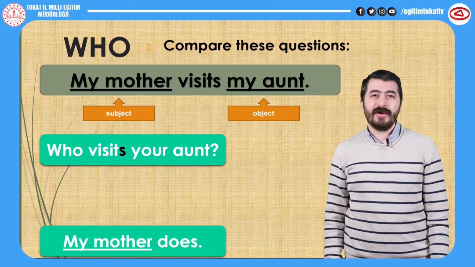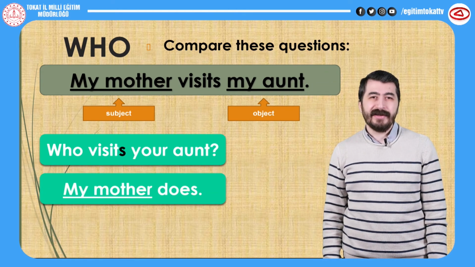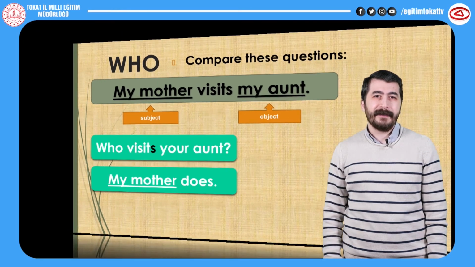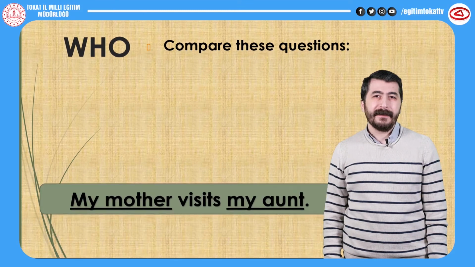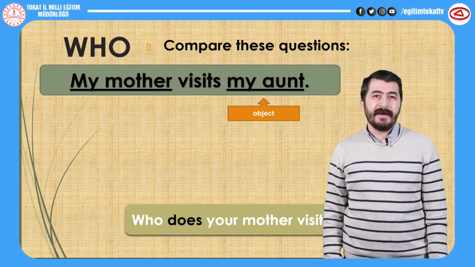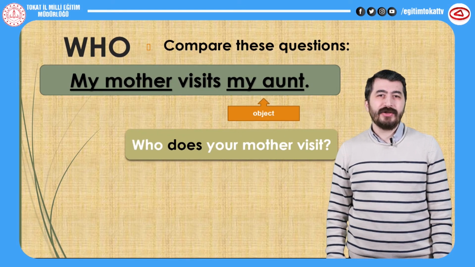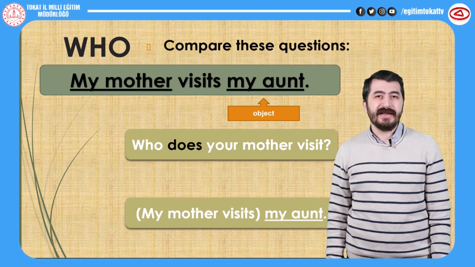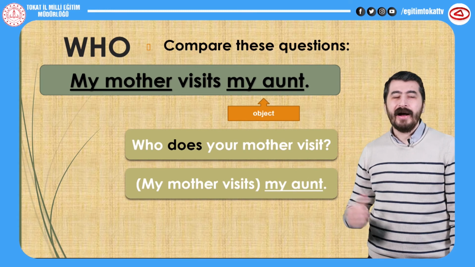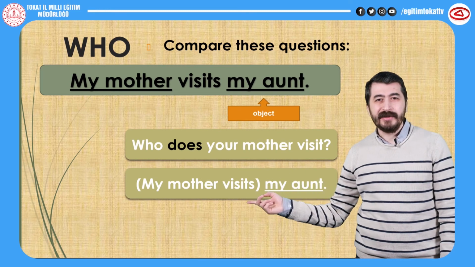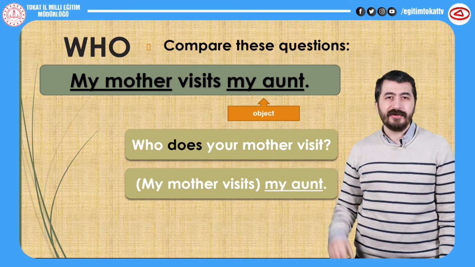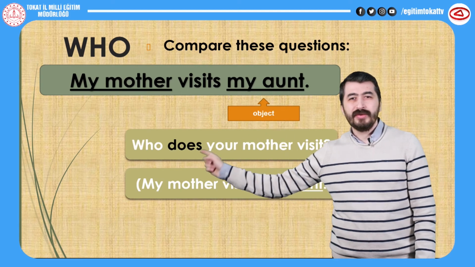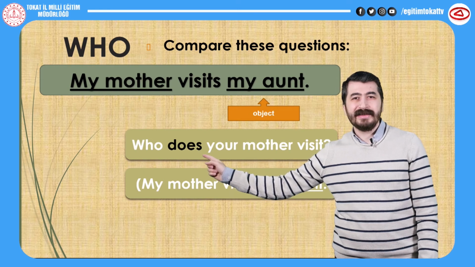My mother does. Now ask the question for object. Who does your mother visit? My aunt. My mother visits my aunt. So for object we use do or does.